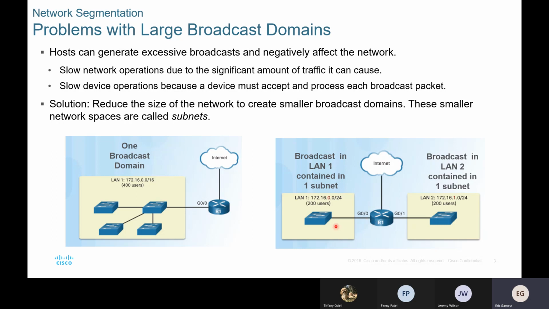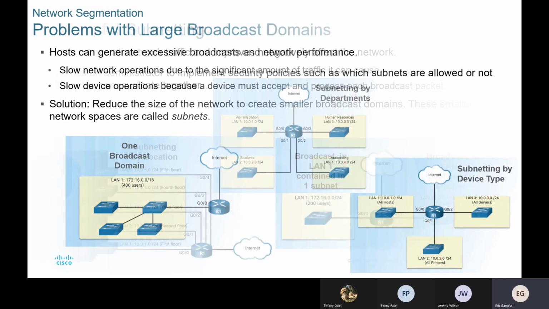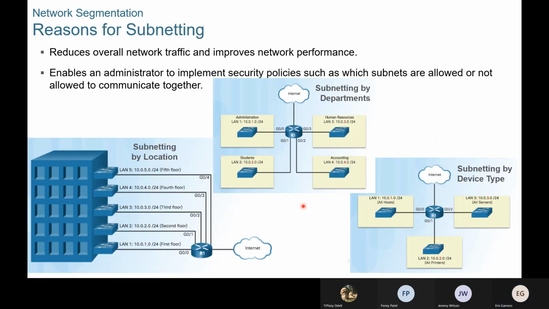So in this case, let's say that of the 200 users here, one user sends a broadcast. Only 199 will receive the broadcast, not like in the previous case, where 399 users were receiving the broadcast. So you are making the broadcast domain smaller, and you are making the network faster. This is a reason why we need to create subnetworks.